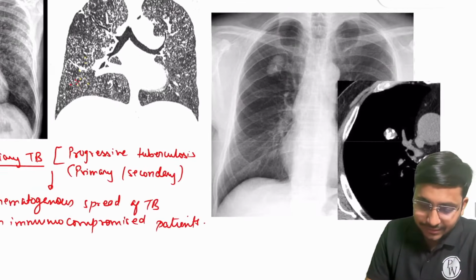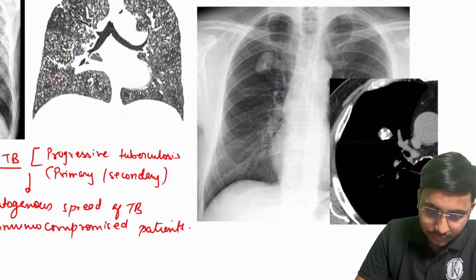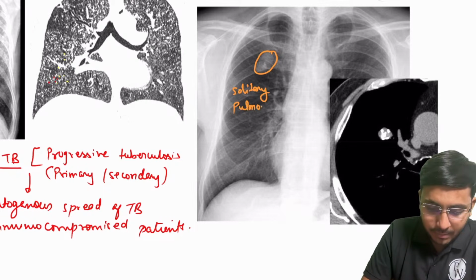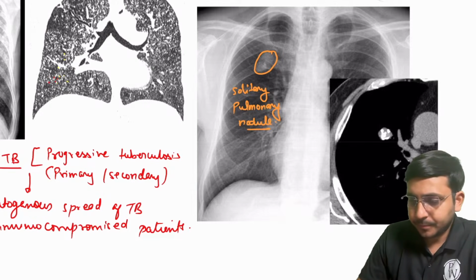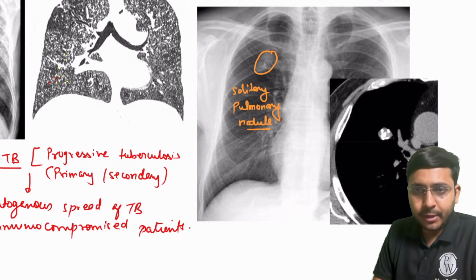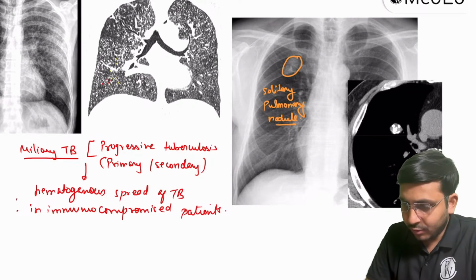Now what is this? This is a single nodule. So this is known as a solitary pulmonary nodule. And what is this type of calcification that you see?